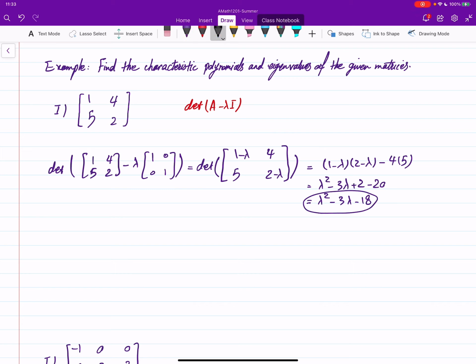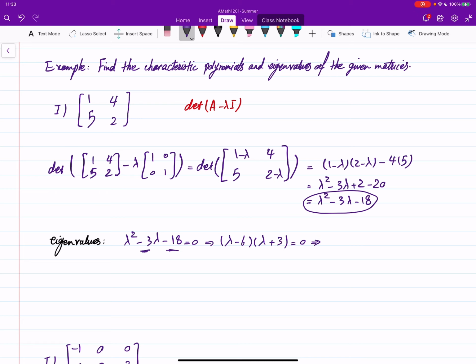Now for the eigenvalues, simply set it equal to 0, so lambda squared minus 3 lambda minus 18 is equal to 0. I can decompose this polynomial: I'm looking for two numbers that add up to negative 3 and multiply to negative 18. This is negative 6 and positive 3.